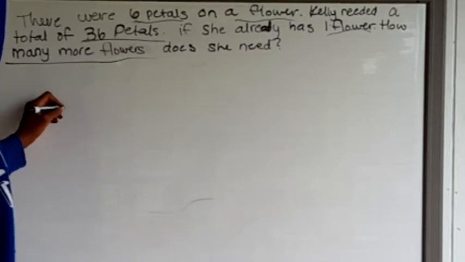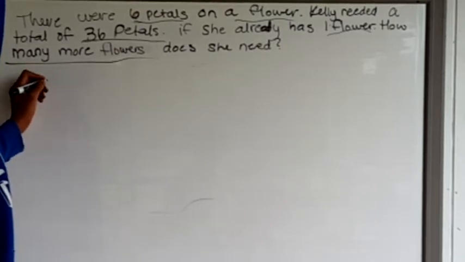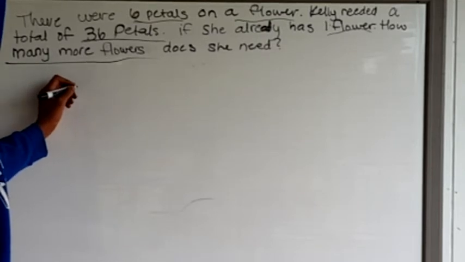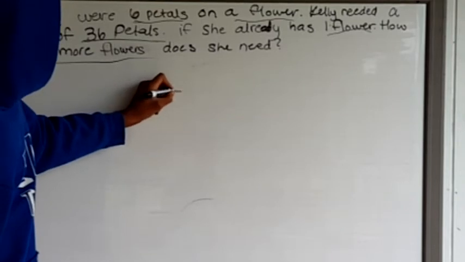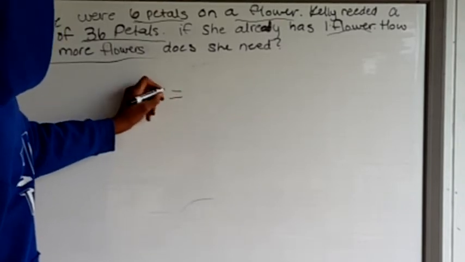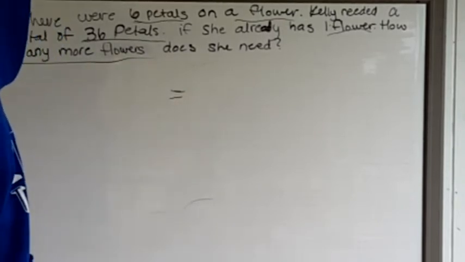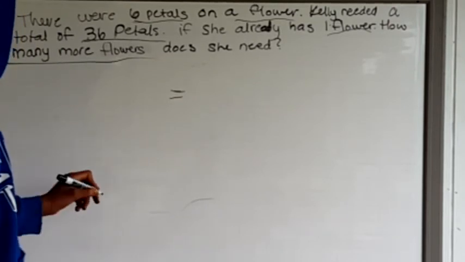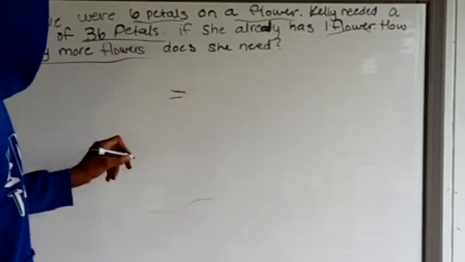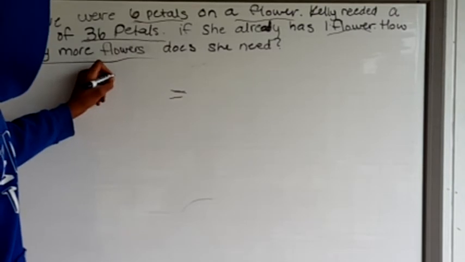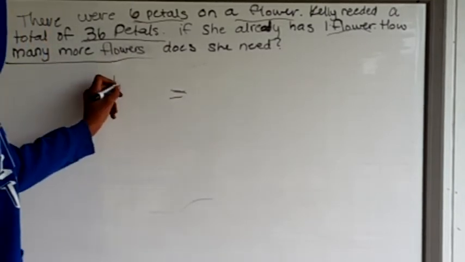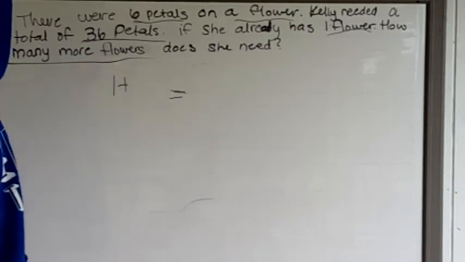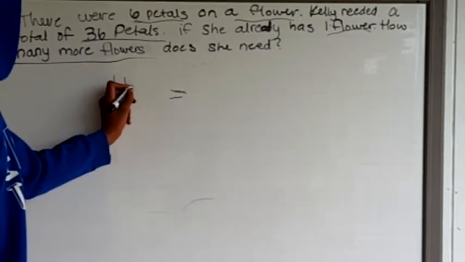And there'll be 6 petals. She only has 1 flower, so she's gonna get 5 more. She already has 1. She's trying to figure how many more flowers she needs.